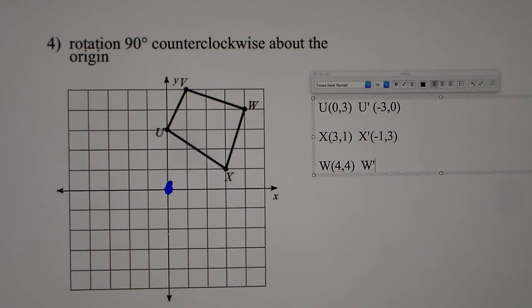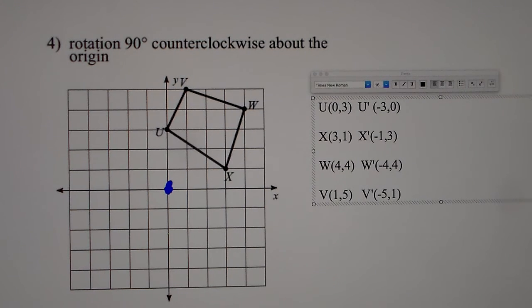So our W prime is going to be negative 4 comma 4. And our V is 1, 5. So our V prime is going to be negative 5 comma 1. We graph those coordinates.